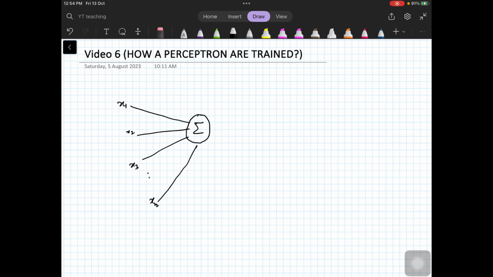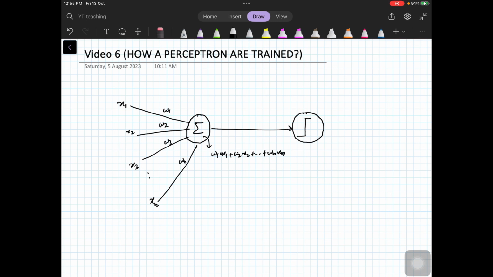So these are our inputs, and what the sum function does is w1 x1 plus w2 x2 plus so on up to wn xn, where w1, w2, w3 and wn are our weights. Then it passes through a threshold function. For simplicity we take this threshold function to be a step function. It can be something else also.